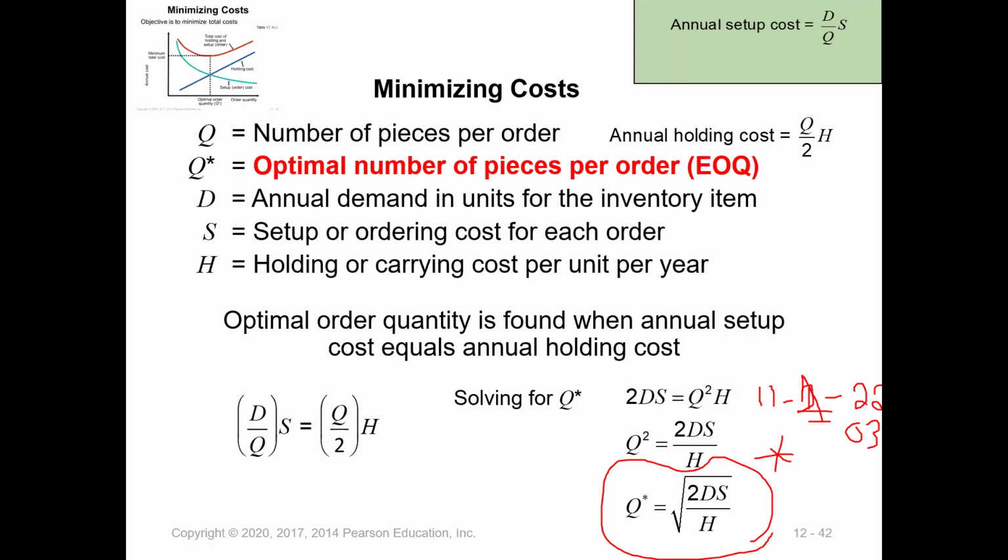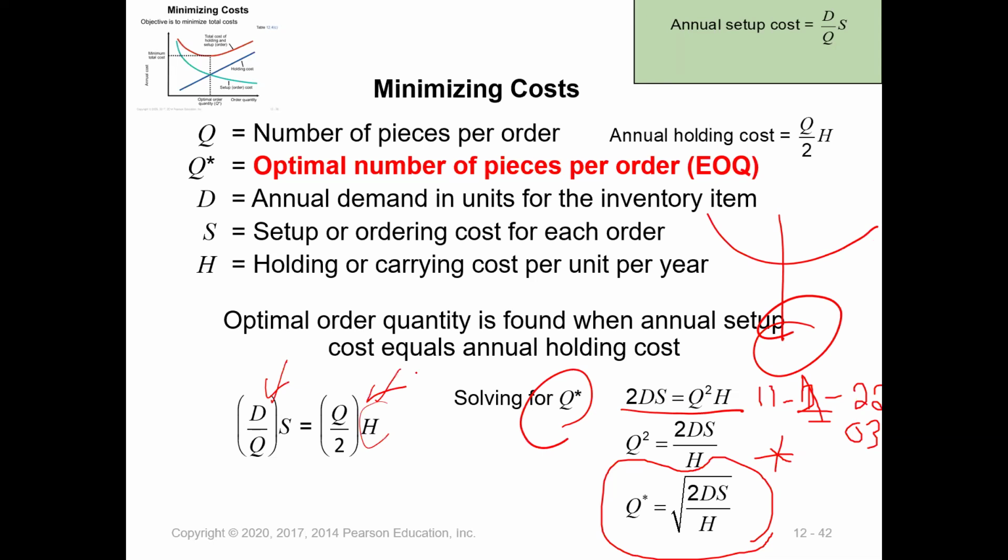So based on what we saw on that chart, you remember when we said when they are equal, this is the optimal quantity, Q star, so they are equal. So we equalize them, and then we rearrange the formula. So your D over Q times S is equal to Q over 2 times H. This is the setup cost. This is the holding cost. They are equal. Okay, so you take this Q here, it will be Q square. And then you divide by 2DS, and you take the square root.